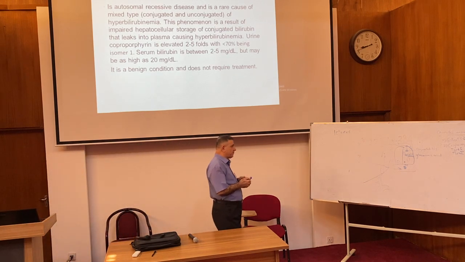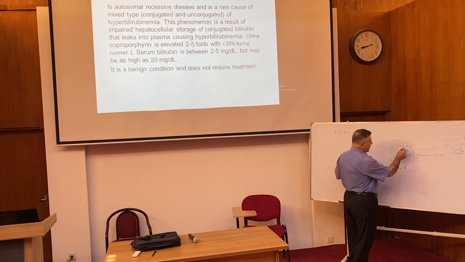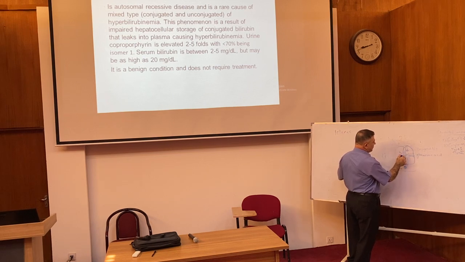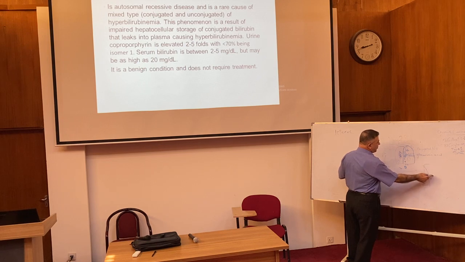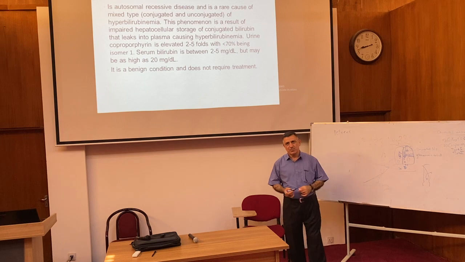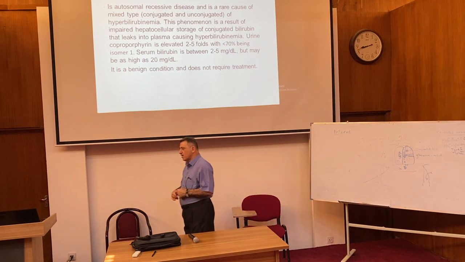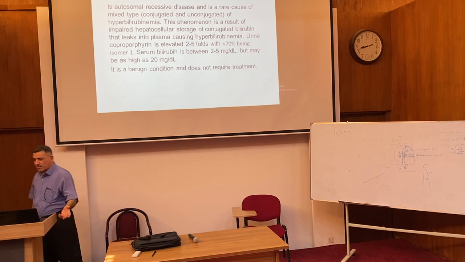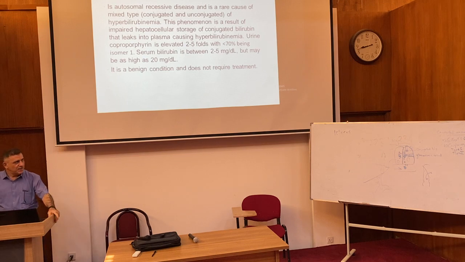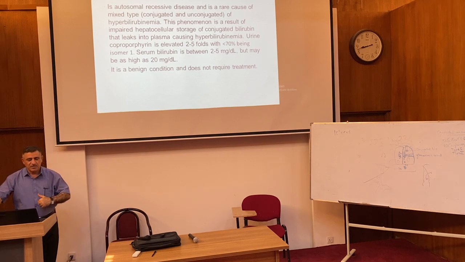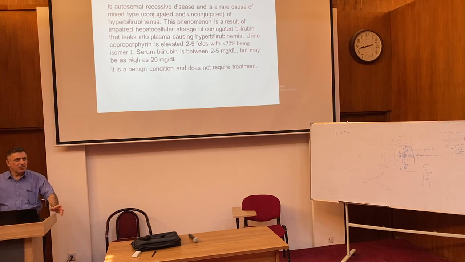Later, on the hepatocyte, there is a tight junction between hepatocytes. Bilirubin leaks back through regurgitation into the blood. In Rotor, there is a mixed type, conjugated and unconjugated, because of regurgitation of bilirubin. This is the defect.